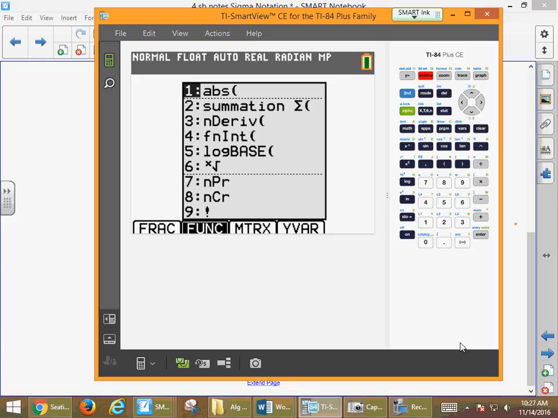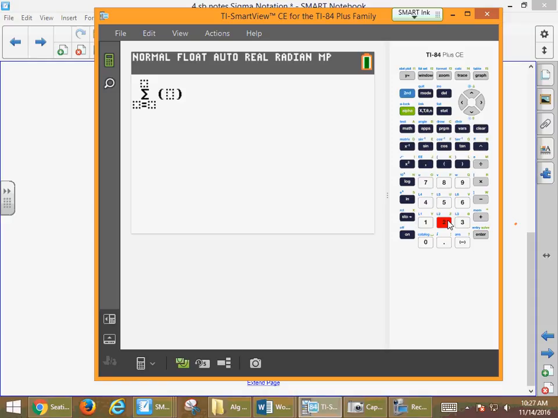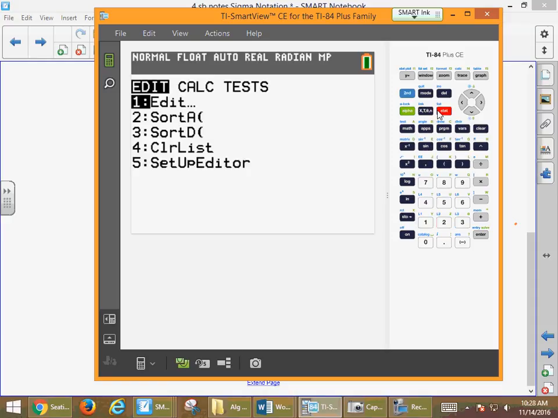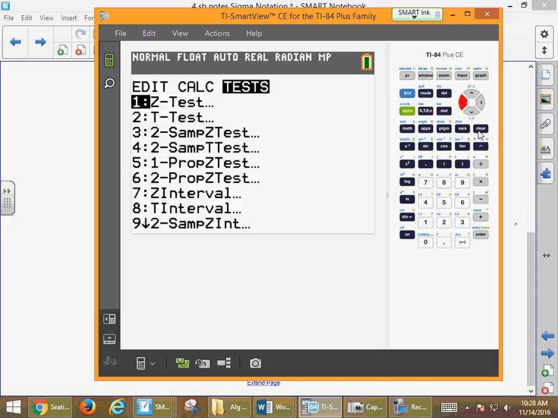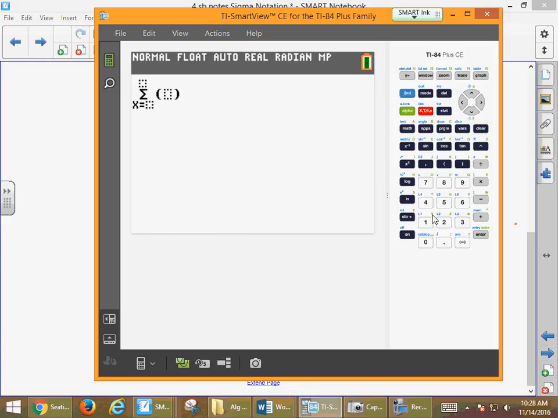And the function that we're looking to use on here is the second function, summation, number 2. And that will allow us to type in this function, which in our case said x goes from 10, arrow up, to 75, and then our function is 2x minus 200 in that parentheses. 2x minus 200.